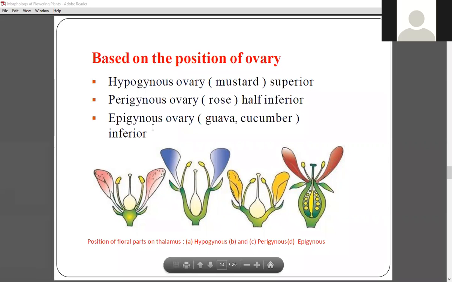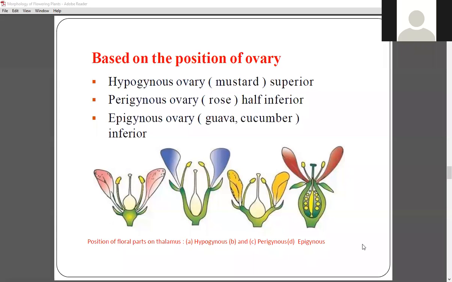The third and last type is known as the epigynous ovary, which is observed in guava as well as cucumber, right? The epigynous type of ovary shows an inferior position. Why inferior? Because it is totally inside.